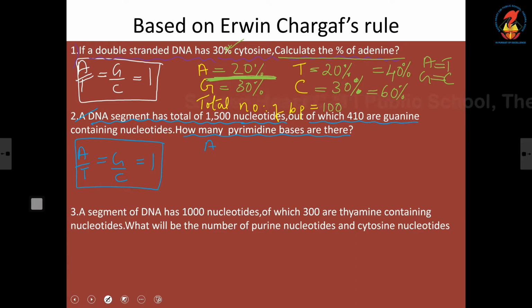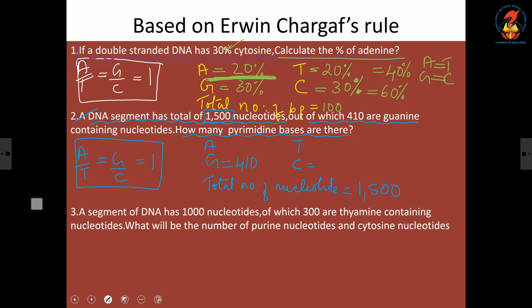Then I am placing adenine and thymines, guanines and cytosines, total. And as per this question, the total number of nucleotides is given. Yes, they have given the total number of nucleotides as 1500. What else? Guanine is given as 410.